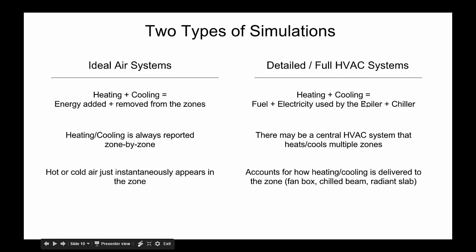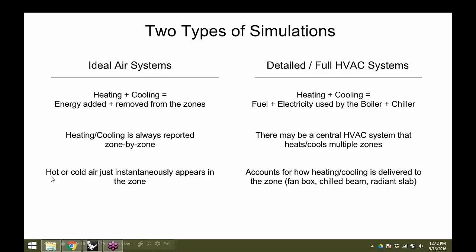So that's another distinction. Another really important one is that the ideal air system is modeled with just the hot or cold air instantaneously appearing in the zone. There's no fan to push the hot or cold air into the zone. It just instantaneously appears, which is why we call it ideal air, in that we're not really modeling how that air is created at all.